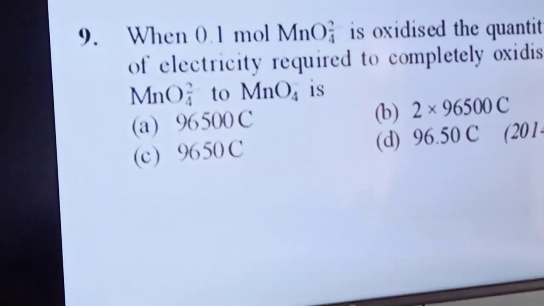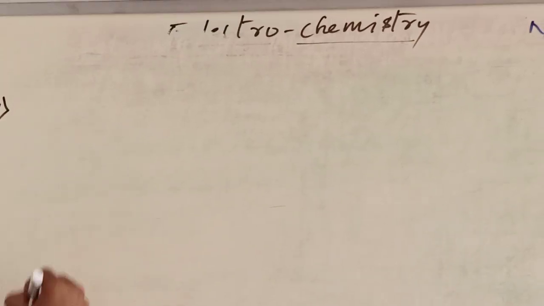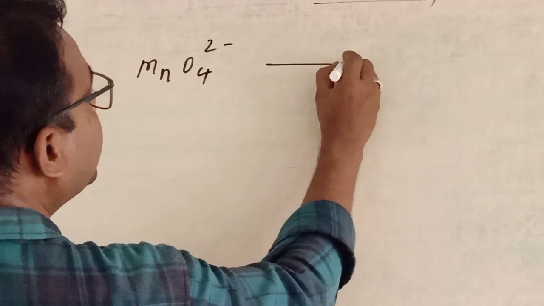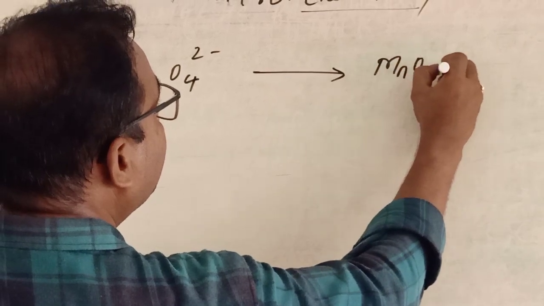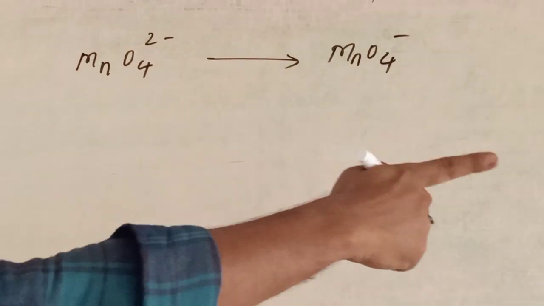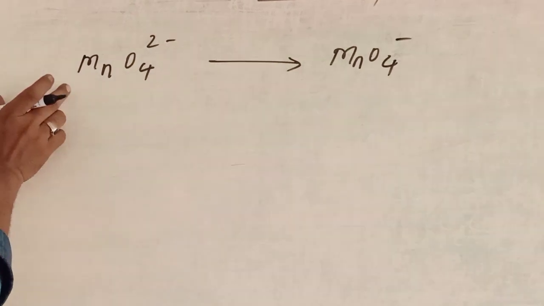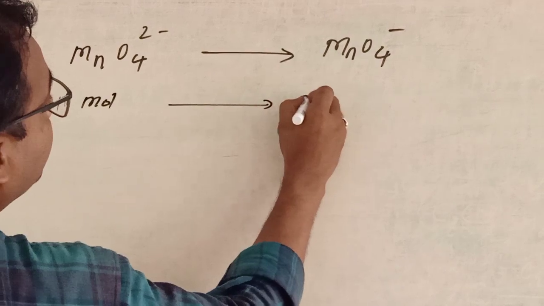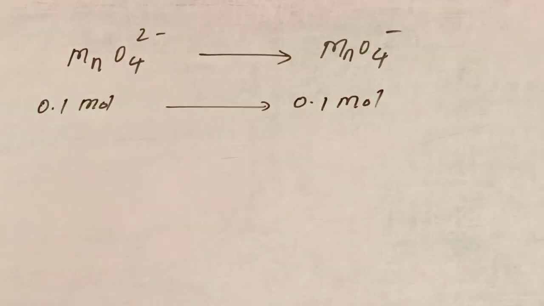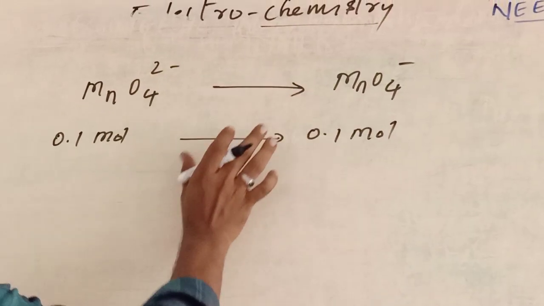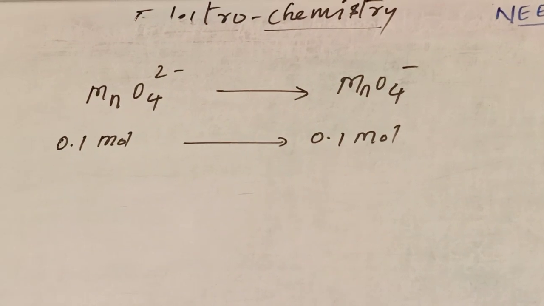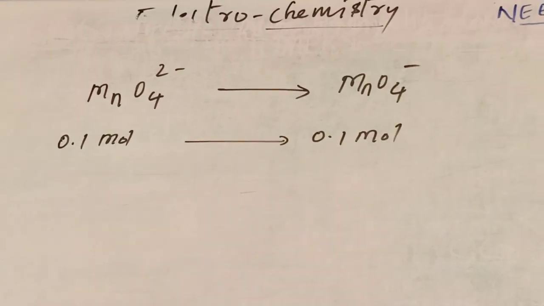Now come here, question number 9. The given thing is MnO4 2 minus converted into MnO4 minus, and also given 0.1 mole. Before we solve this question, try to calculate the oxidation numbers of manganese in both cases.